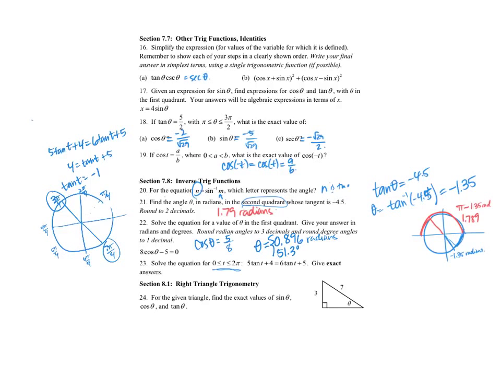So at 3 pi over 4 and 7 pi over 4, I'm going to have tangent value equal to -1. Because here the sine is positive root 2 over 2 and the cosine is negative root 2 over 2, and there the sine is negative root 2 over 2 and the cosine is positive root 2 over 2.